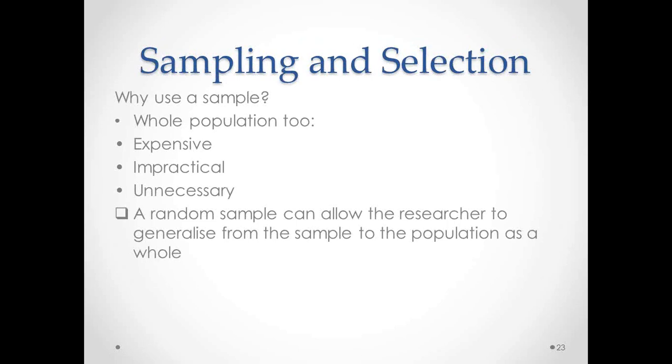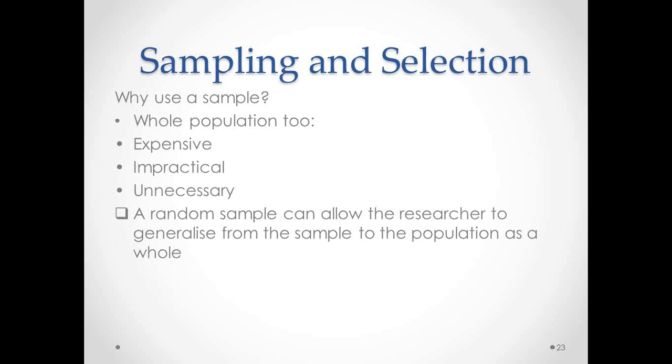So for sampling and selection, in quantitative research, in positivist research, and in qualitative research, interpretive research, we have different sampling and selection strategies. We don't sample everybody, we can't. So think about how we have sampled the group, or how you're going to sample the group.